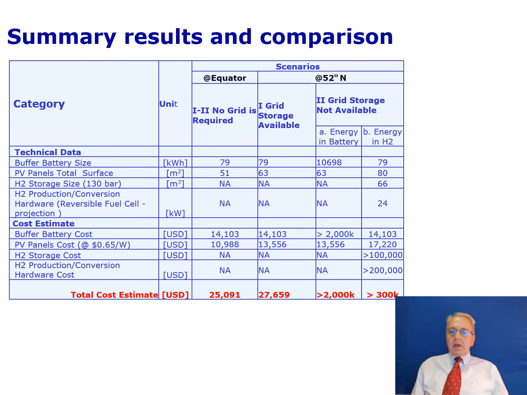Therefore, we considered fuel cell solution, and as an alternative, it is much cheaper. That means we are using similar buffer battery to the location at the equator. The PV panel is slightly bigger, about 80 meters squared. Adding these costs, we arrive at about $300,000. It is substantial, but much cheaper than the previous option.